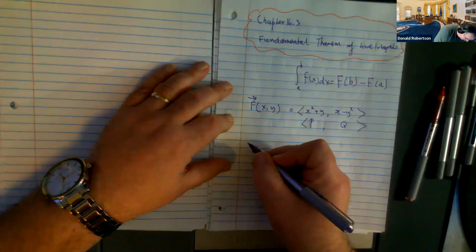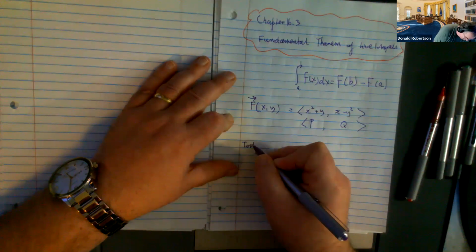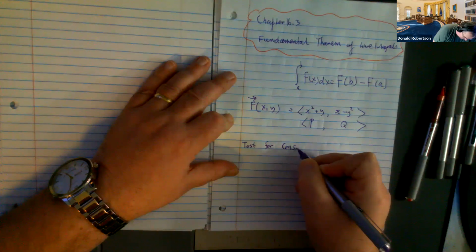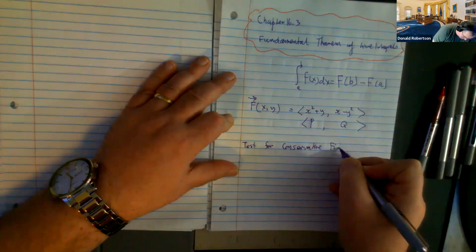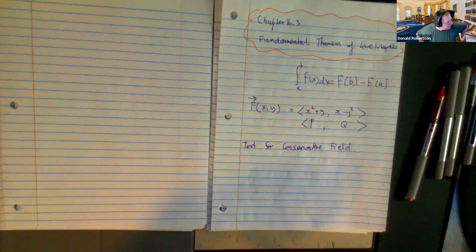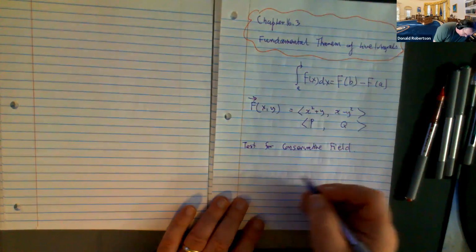We are going to look for a test for what's called a conservative field. So this is kind of the warm-up, the start to this problem. And it says the following.